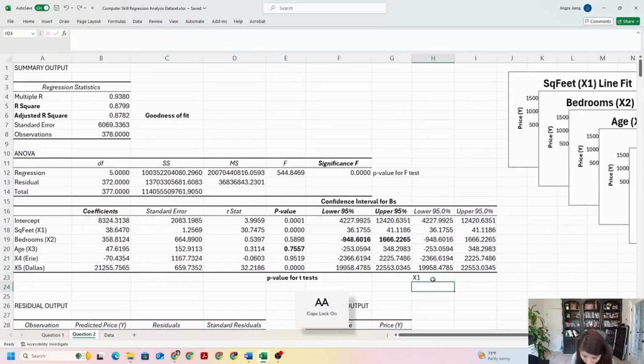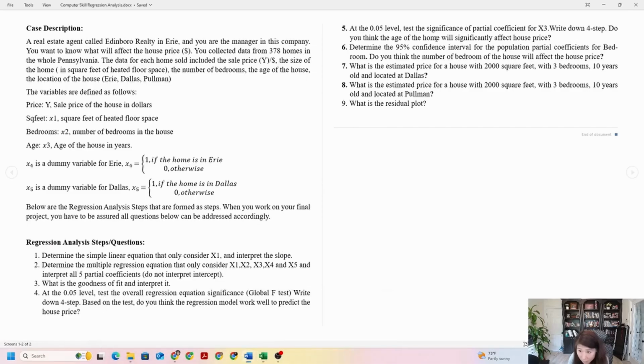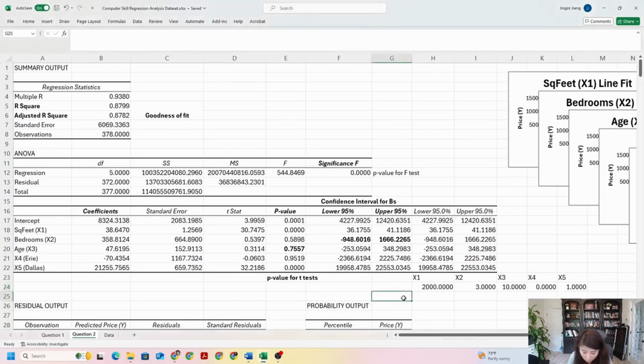My x1 equals 2,000 square feet, x2 is 3 bedrooms, x3 is 10 years old, x4 equals 0 because it's in Dallas, and x5, since it's in Dallas, has to equal 1. So 2,000, 3, 10, 0, and 1. Like I said, these values come from reading this case. Now we want to use Excel to help us do the calculation.